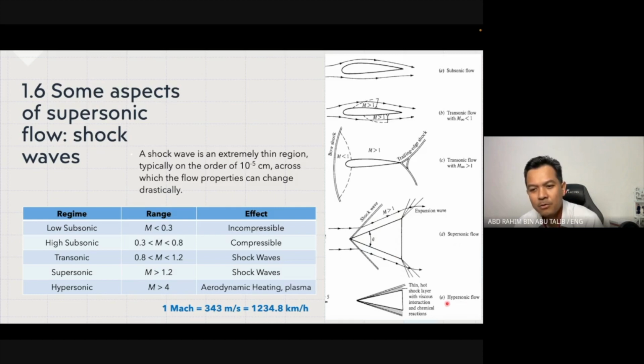For hypersonic flow, we have a thin hot shock layer, happening on a very high speed vehicle, Mach number more than 4, where we have a hot shock layer with viscous interaction and chemical reaction.